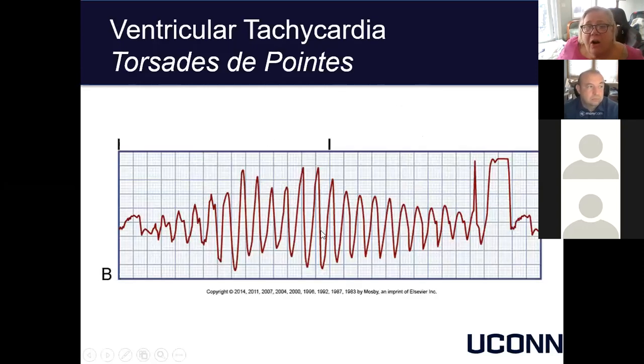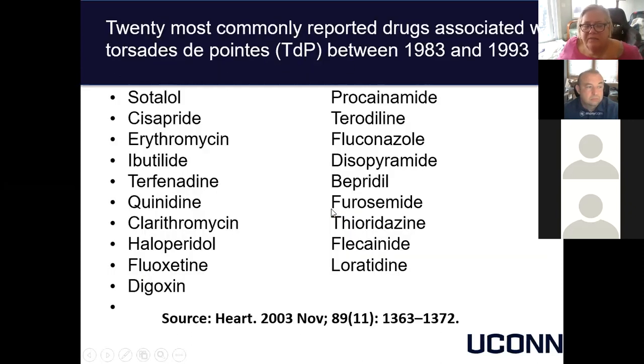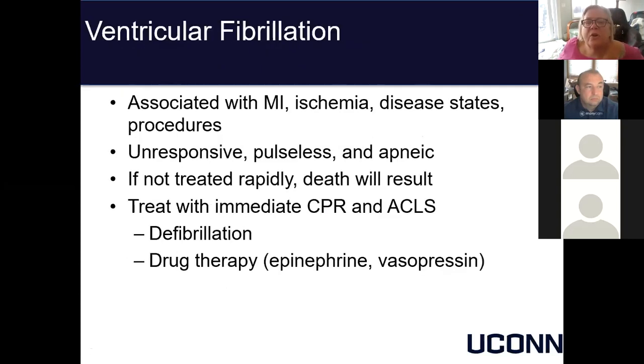This is actually harder to treat and harder to get back to normal sinus rhythm than a classic ventricular tachycardia. But when you see torsade, I remember the first time I saw it, you are struck by it because it was so different looking from other VTachs that you'd seen.